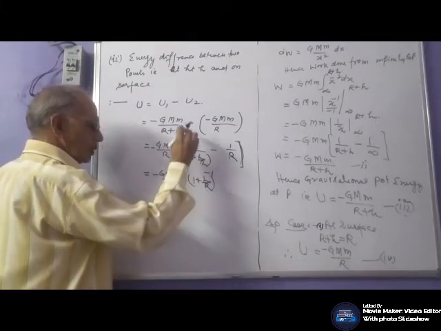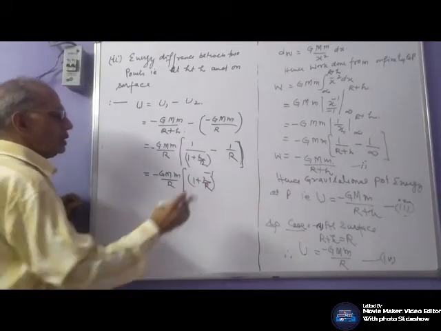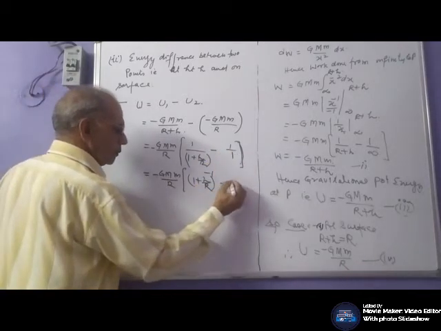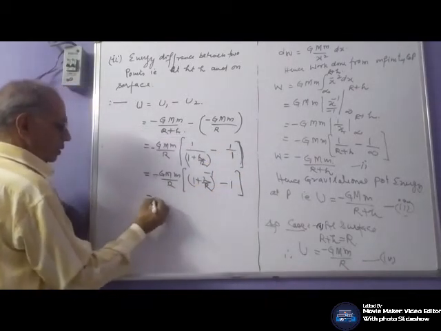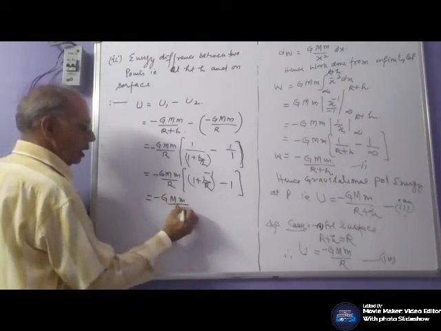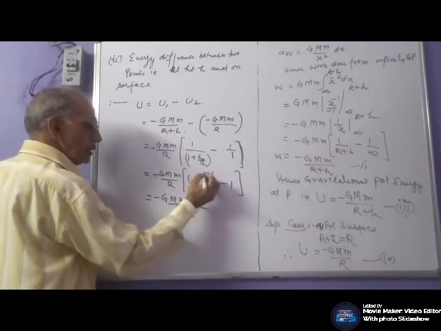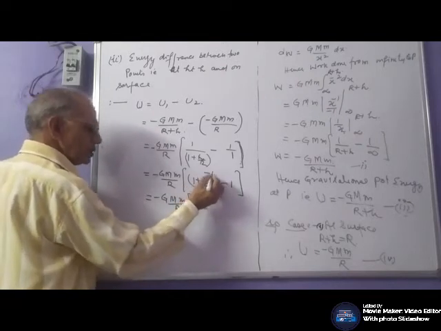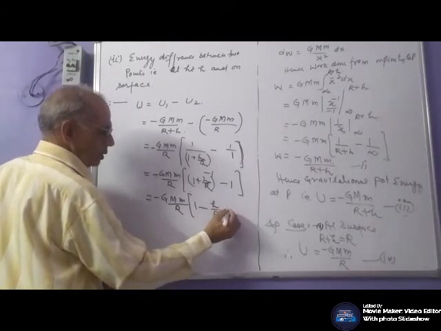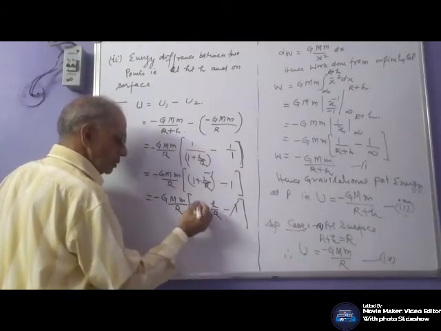Take R upward, R is common, so it is 1, 1 by 1 or 1. GMm by R, binomial: multiply this with this. If this is 1, this h by R is small.